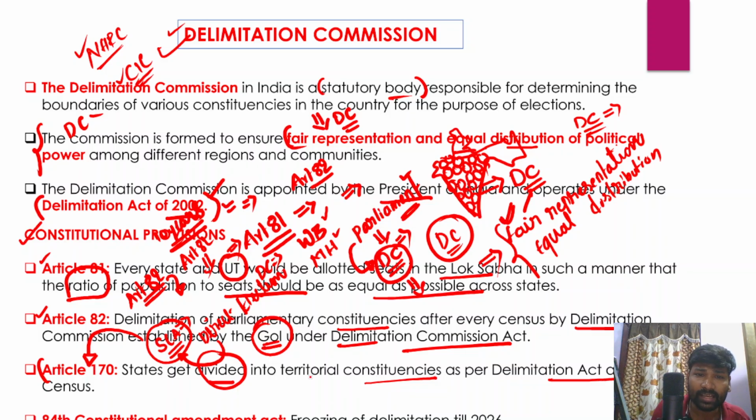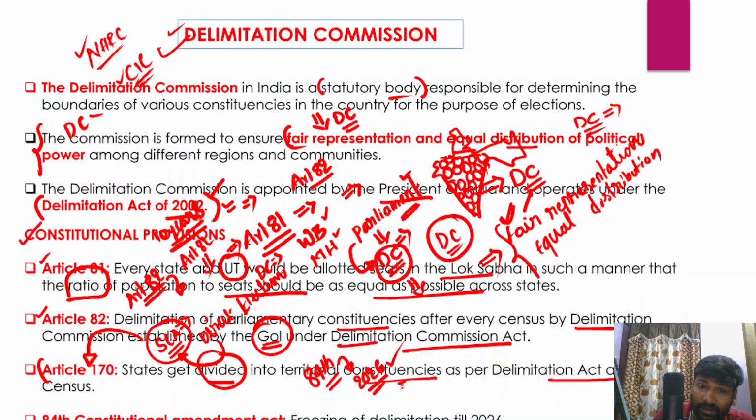And similarly, the 84th Constitutional Amendment Act has been passed by the Parliament. So this 84th Constitutional Amendment Act has frozen the delimitation exercise until the year 2026. So until the year 2026, the delimitation exercise should not be taken up. Why?